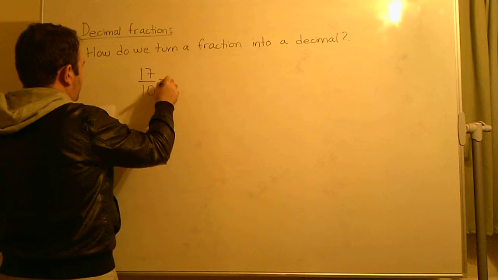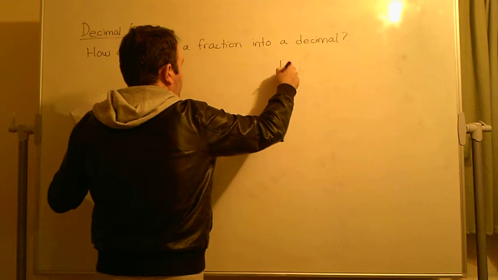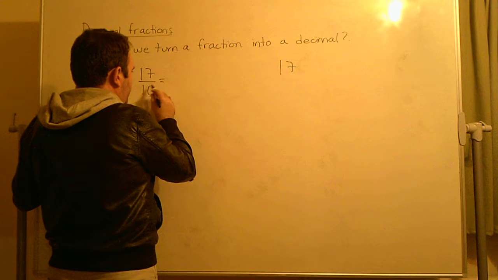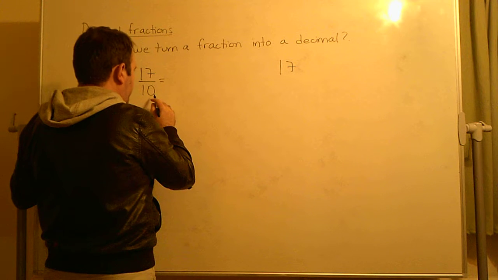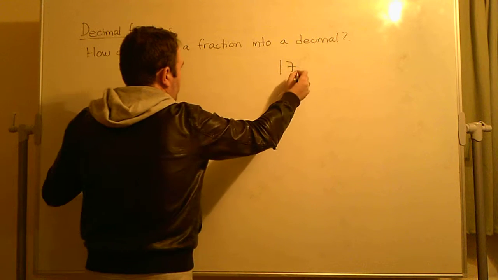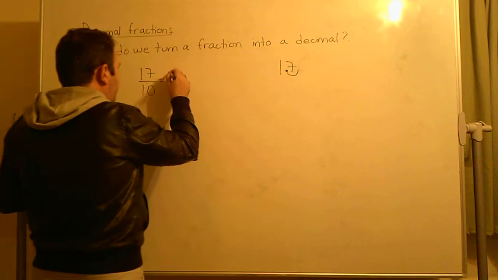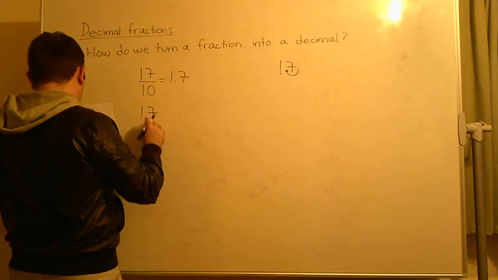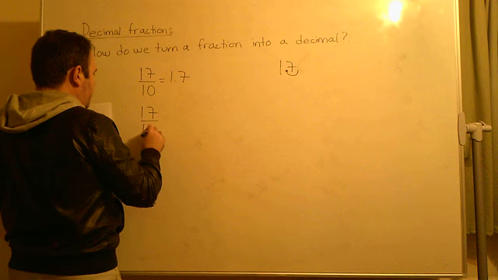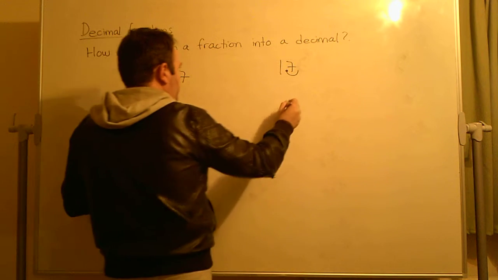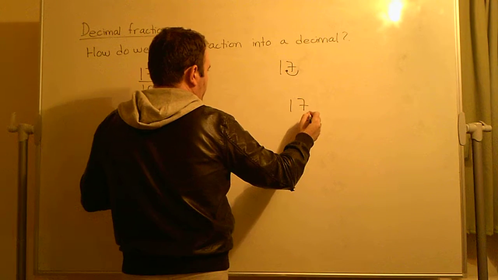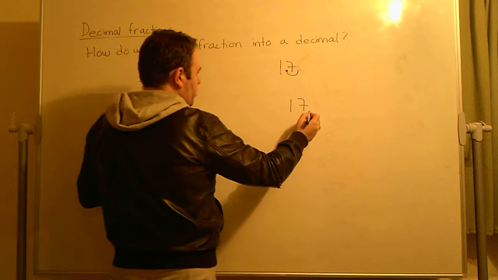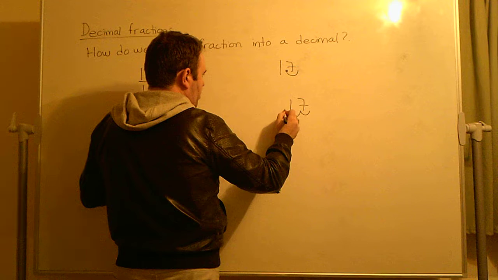Seventeen tenths. Well, we write down 17 and how many places do we need to move the decimal point to the left? 1, yeah? So it will be 1.7. 17 divided by 100, yeah? So we have 17, we start with the point here and then we move it how many places? 2 because we have 2 zeros, yeah? 1 and 2.